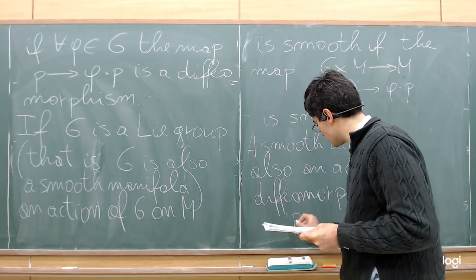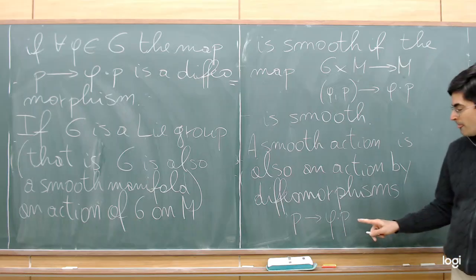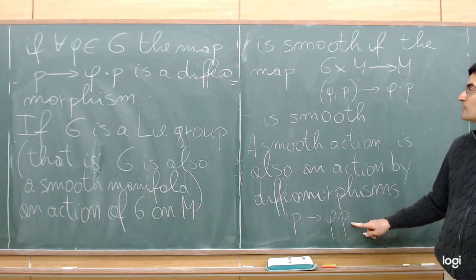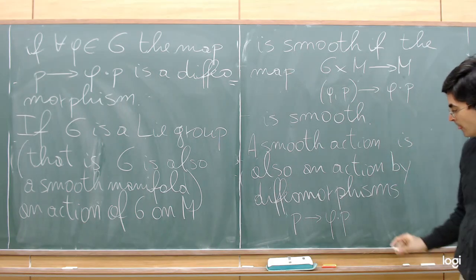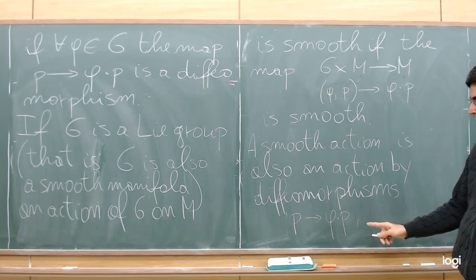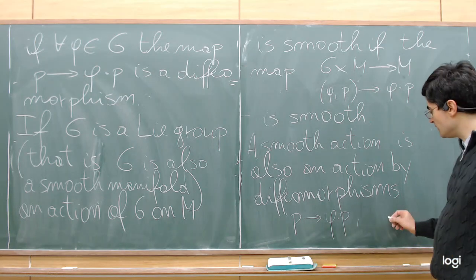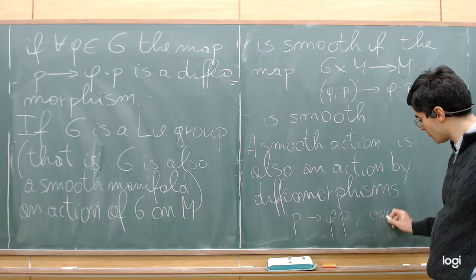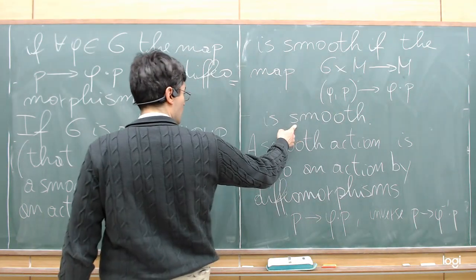We have to check that this map is a diffeomorphism, so this must be smooth, and this follows from this hypothesis, and we have only to prove that there exists an inverse for this map which is smooth, and the inverse is this, which is also smooth because phi inverse is an element of G, and the action is smooth by hypothesis.